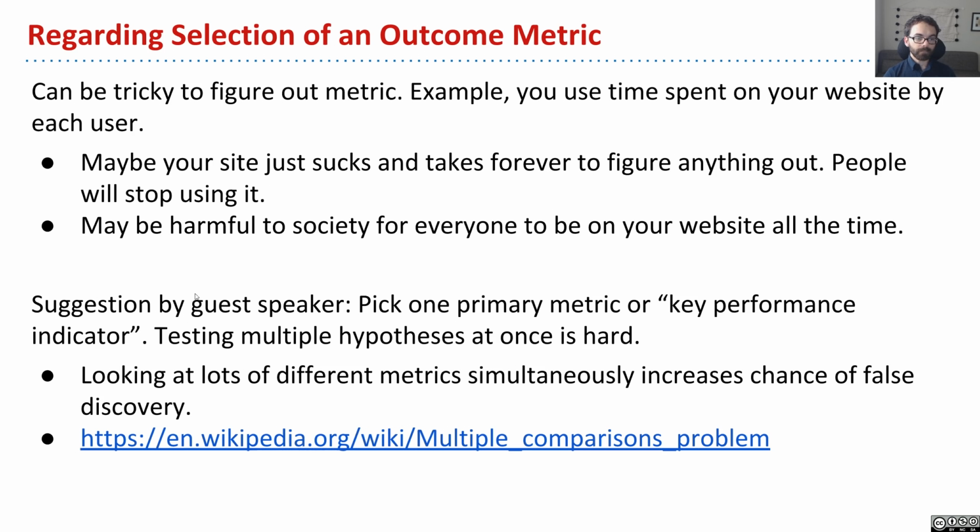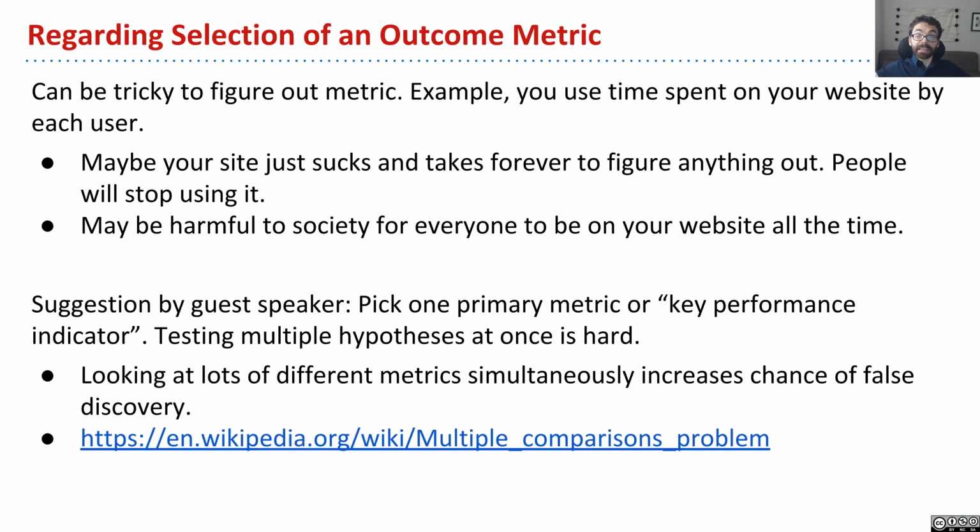And a suggestion by the guest speaker to close this out is that you may have many different metrics that you want to consider, whatever they may be, and he suggested strongly that you pick, if you can, a key performance indicator. If you were to try and measure multiple things, like I want to measure time spent on the website, I want to measure conversion rate, I want to measure reviews on Yelp, I don't know what, it can be very challenging.